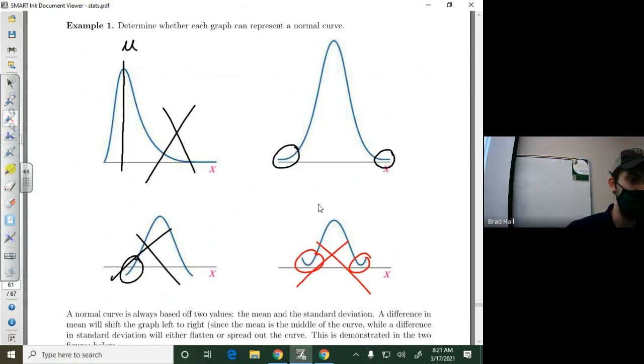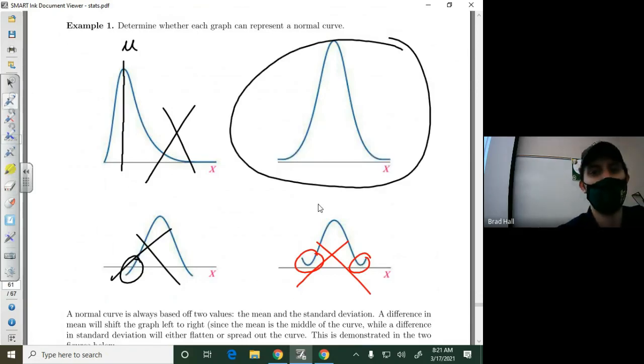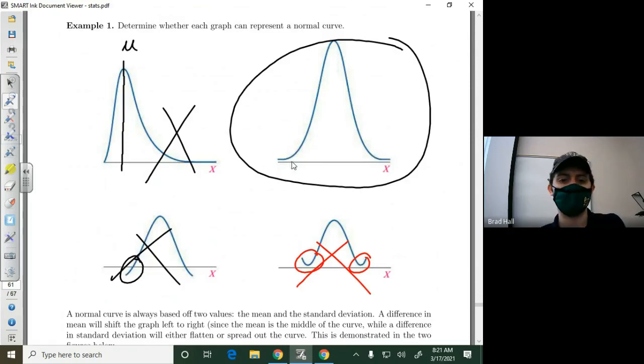So that means the top right one would be a perfect demonstration of a normal curve, because notice the ends start to slowly level off, and they start to slowly converge with the horizontal axis.